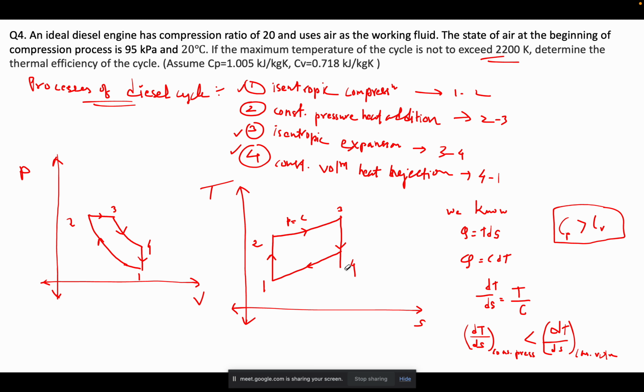Now let us see what are the things that are given to us. An ideal diesel engine compression ratio is given to us, and we have already explained what compression ratio is. It's the volume before compression and volume after compression, that is V1 divided by V2. That is your r_k, which is given as 20.